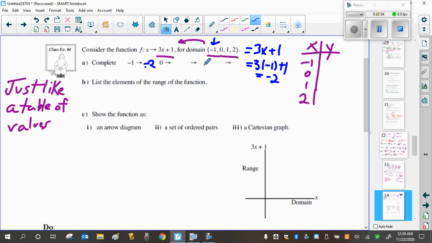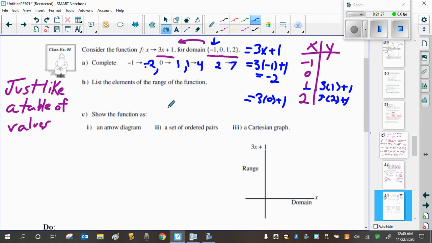And then you do that for 0. 3 times 0 plus 1 gives you 1. I guess I lied. When you do it for 1, you get 3 times 1 plus 1. That's 4. So 1 goes to 4. And for 2, 3 times 2 plus 1 is 7.